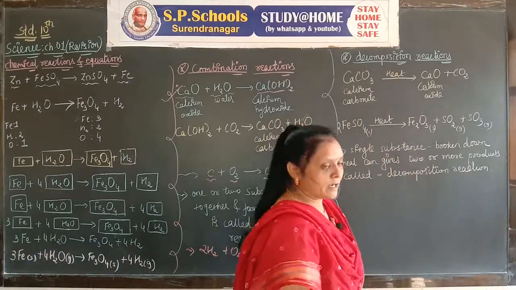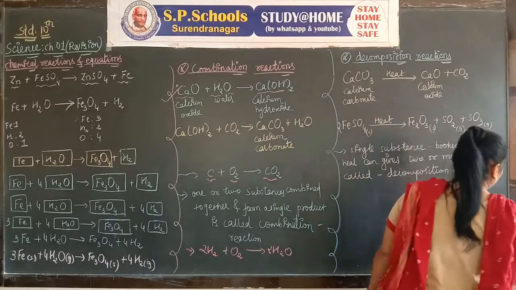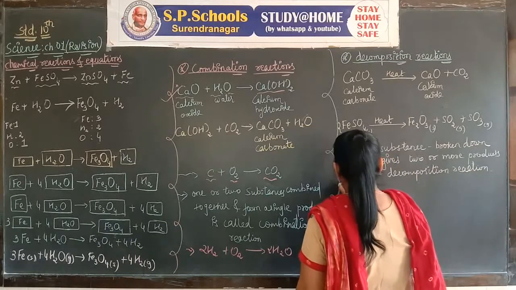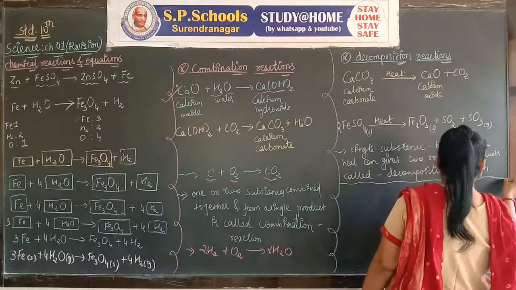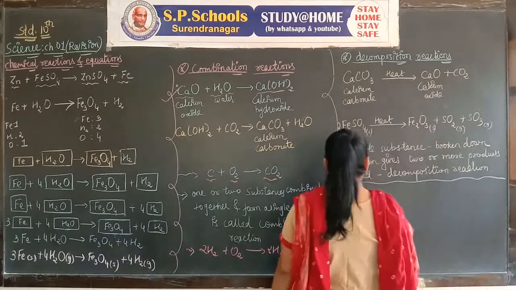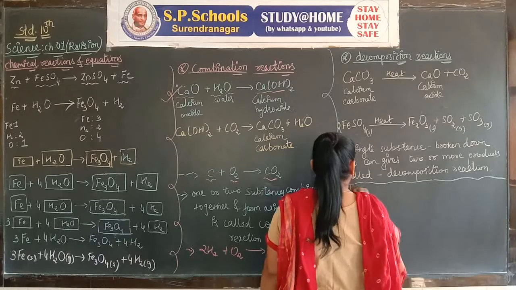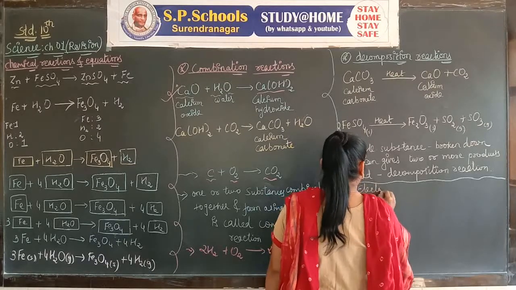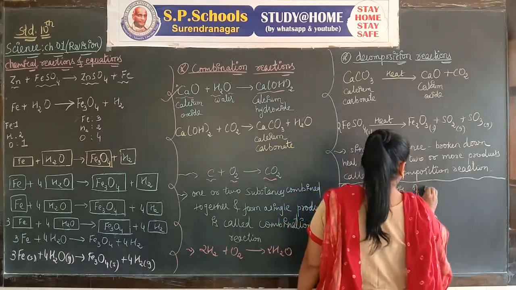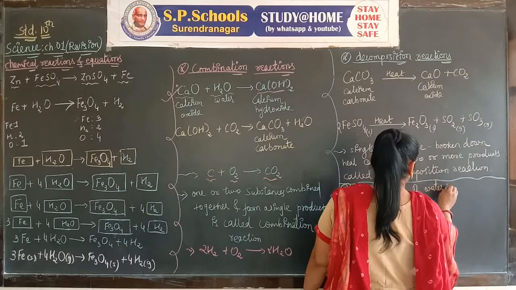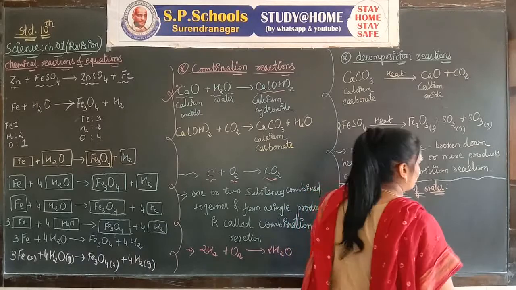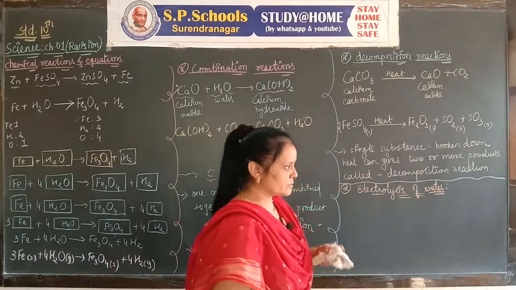Then you have to learn about the electrolysis of water. You have to draw the diagram and all the points which will be taken in the session. You have to complete all these points. Electrolysis of water. You take anode, cathode, you complete all the process.